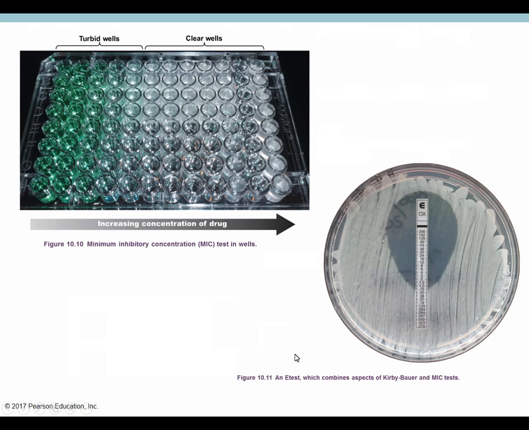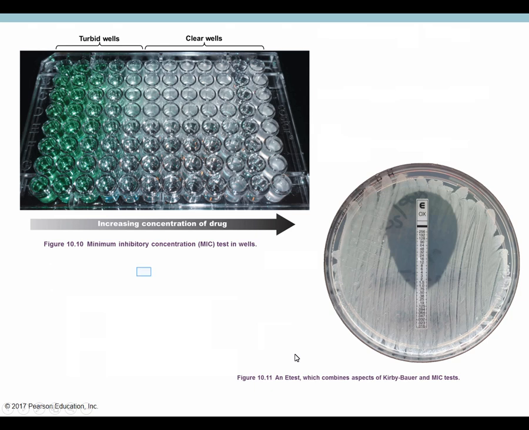And typically, you'll inoculate all the wells with the same pathogen. But the pathogens will be growing in environments that have, as you move across this row, increasing amounts of the drug. And so at the lowest concentration of the drug, here on the far left, the bacteria can grow.